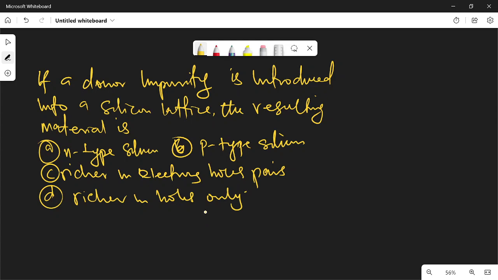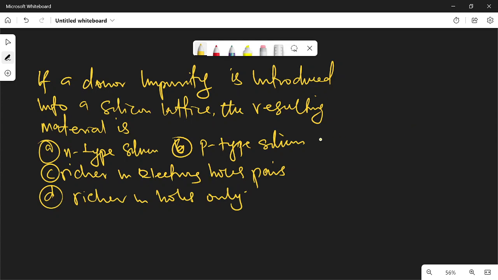So what will be the right answer to the question now? Option C? Option B, P-type silicon? Any other answer aside from that?